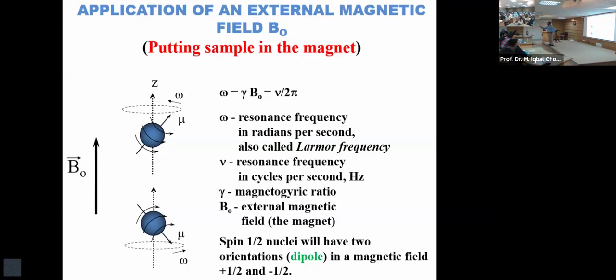Because this is measured, nothing else is measured. Only this is measured, this Larmor frequency, and how do you measure it? By radio frequency. Right? Radio frequency is the only tool of measuring the Larmor frequency. Radio frequency has no other role but to measure the Larmor frequency.